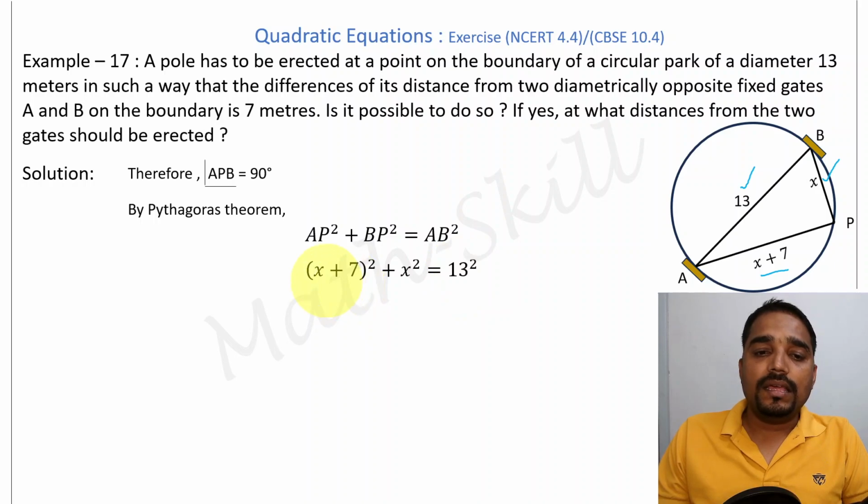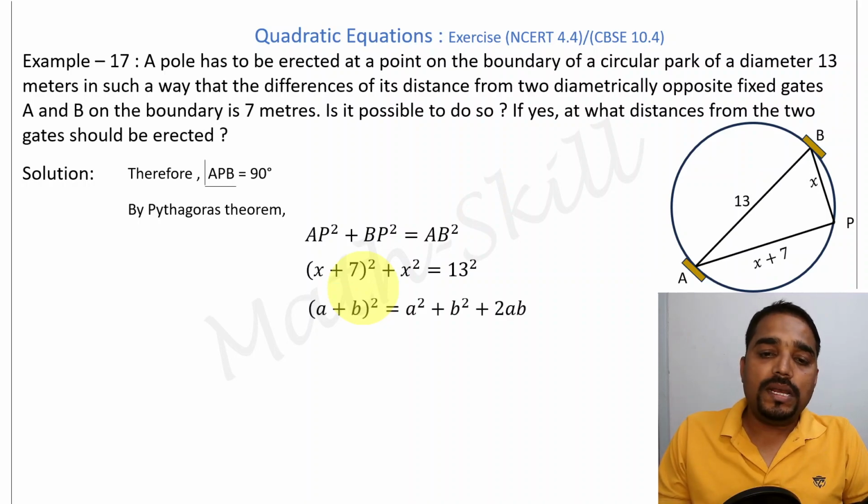Here this term looks like an algebraic expression A plus B whole square. So A plus B whole square is equal to A square plus B square plus 2AB. That is, wherever there is A in the formula, there is X, and wherever there is B in the formula, we have 7. So in RHS, we will have to replace A by X and B by 7.